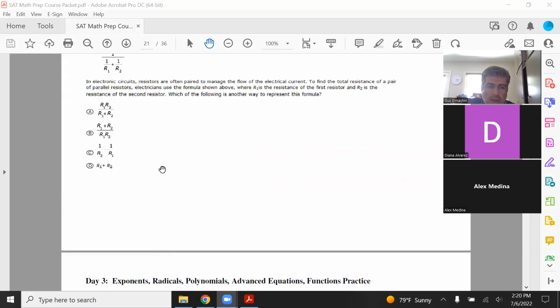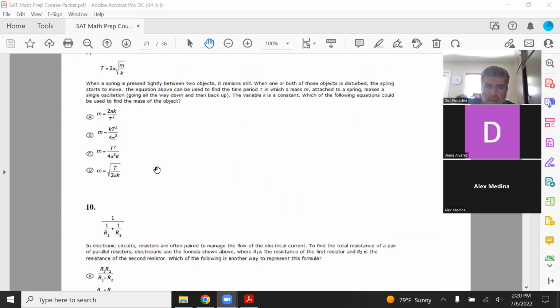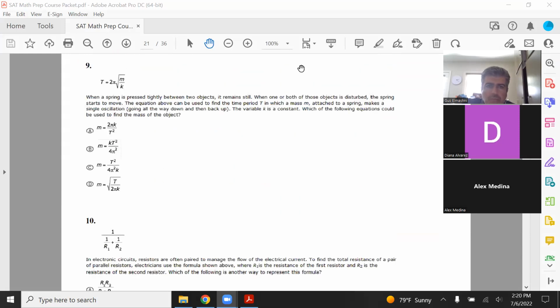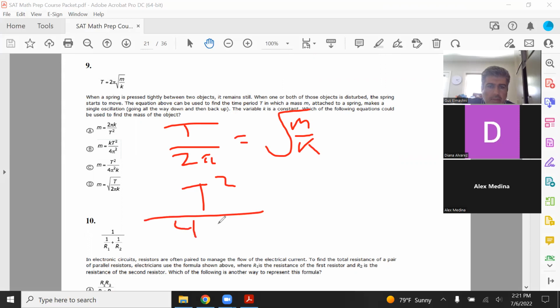Then just a couple more before I have you guys try a set on your own. You want to isolate m, obviously. So I'll divide both sides by 2 pi. I'll square both sides. Then I'll multiply both sides by k.